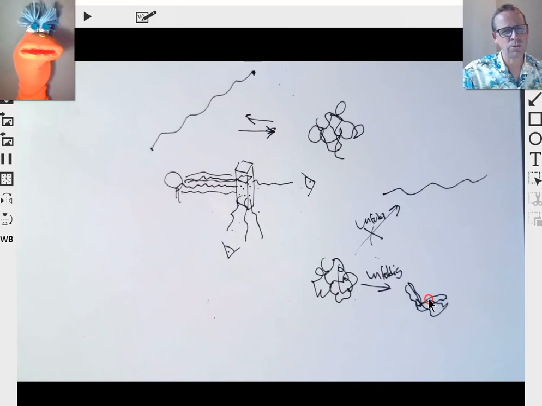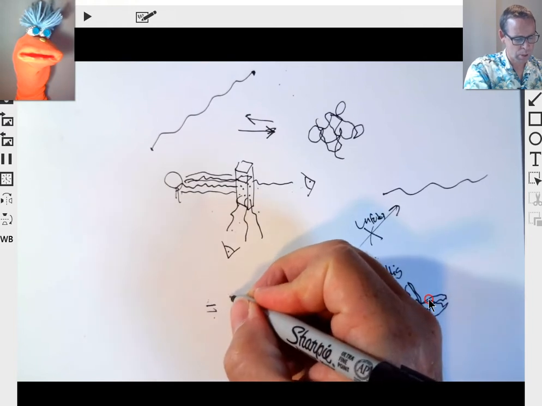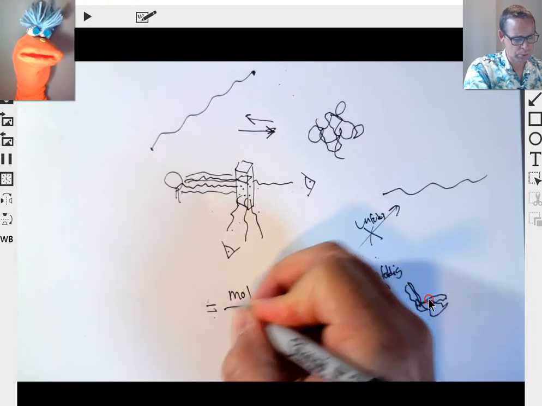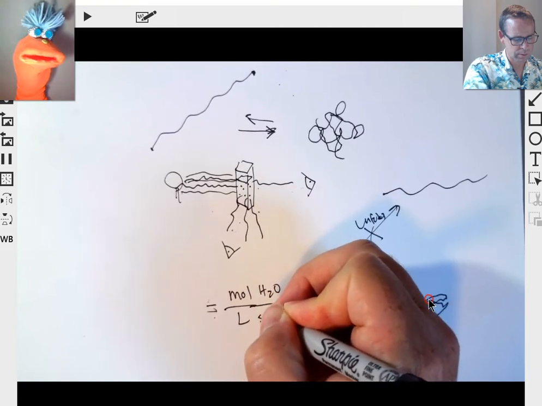And now, do you know the concentration of water in water? 100%? No, I mean the molar concentration. What's the molar concentration of water in water? 1 molar? No. So let's think about this. I want to know how many moles per liter, moles of water there are for every 1 liter of the solution.